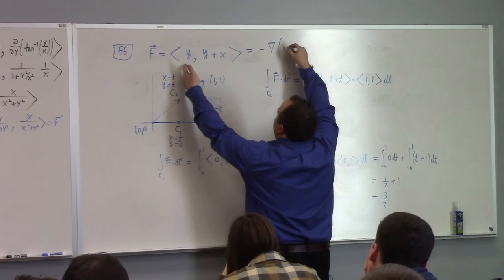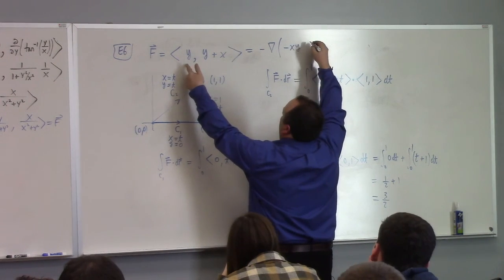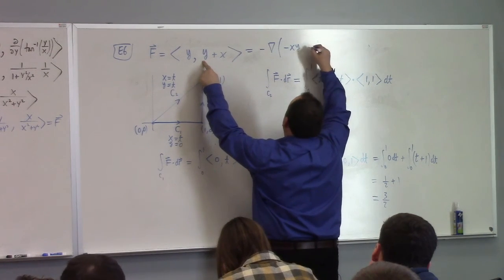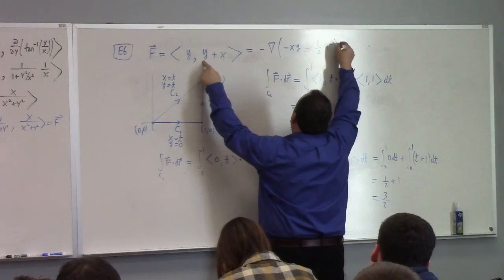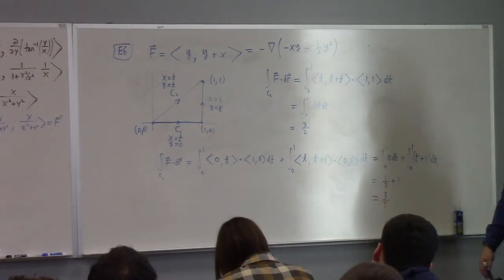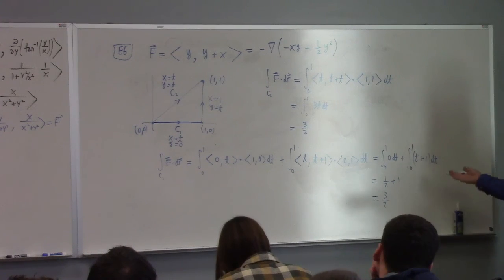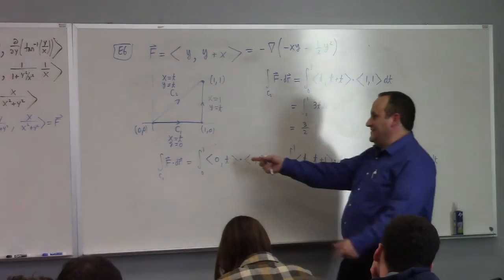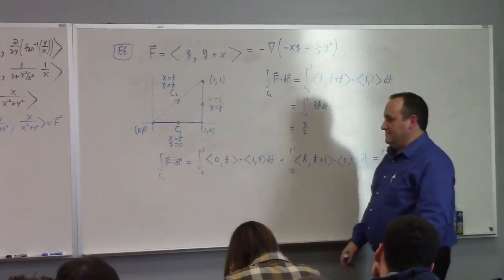Minus xy plus 1/2, rather minus 1/2 y squared. That's a very nice conservative vector field. So of course the triangle path and the other path are going to give us the same answer.